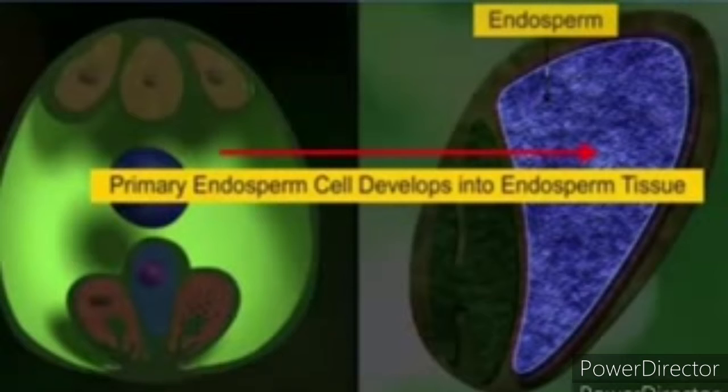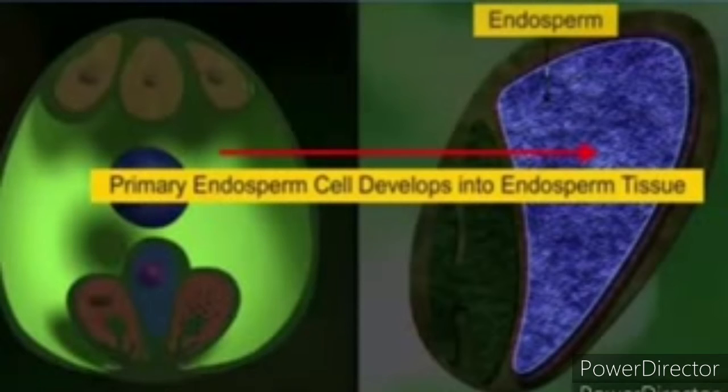Endosperm development continues along with the embryo development. The primary endosperm cell divides continuously and forms a triploid endosperm tissue.